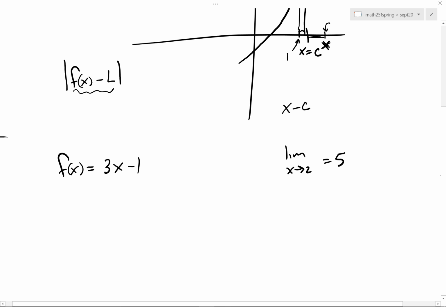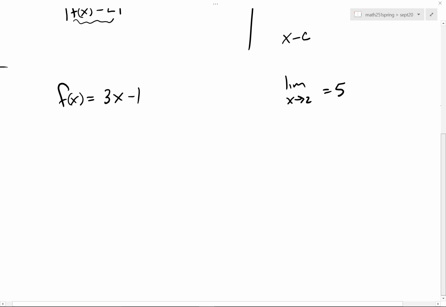So in order to show that that limit actually works, what you're going to do is take f of x. So 3x minus 1 minus your proposed limit. Okay, so there's f of x minus this supposed limit. And what I'm going to do is this. That's going to give me 3x minus 6.